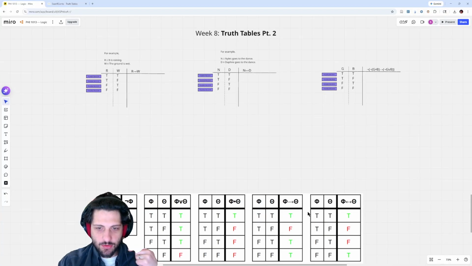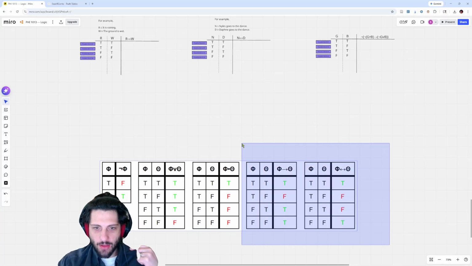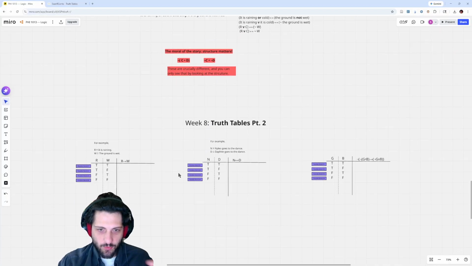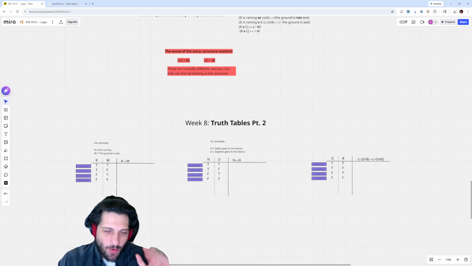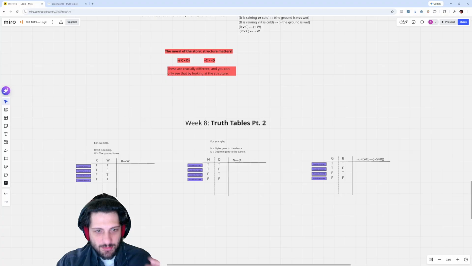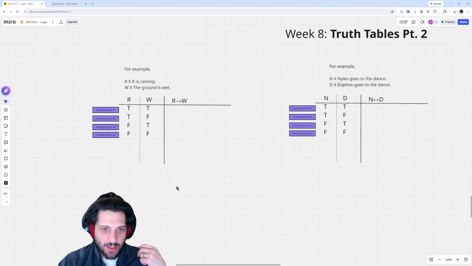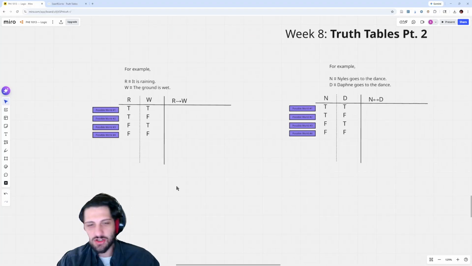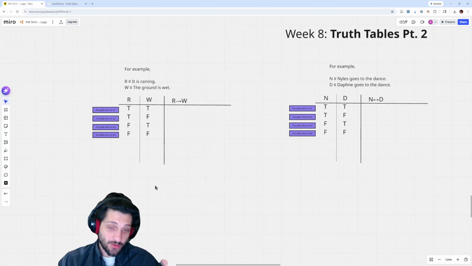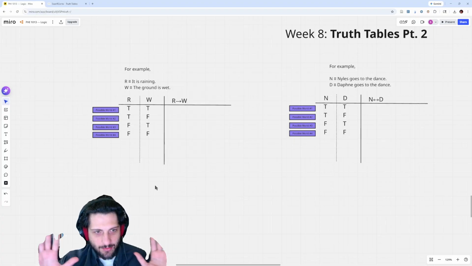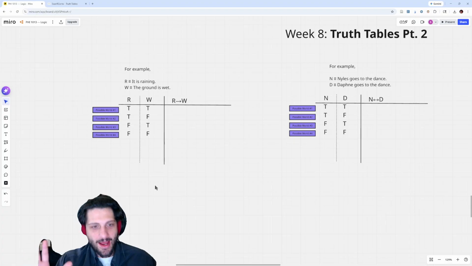But before we do that, we need to add in our other two connectives and also rehearse a little bit about how we do these truth tables in the first place. Because sometimes, especially when we're putting these out on a whiteboard, it can just get bloated and confusing. If you're feeling that, that's not just you.